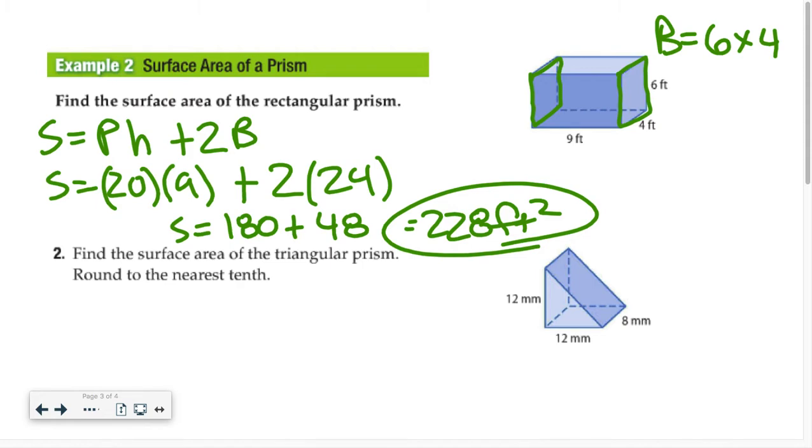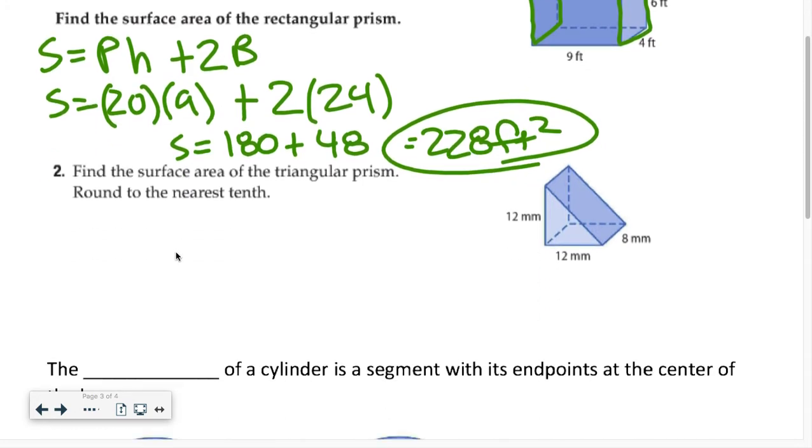All right, and so, find the surface area of the triangular prism. Round to the nearest tenth. So again, you're using the idea that surface area is perimeter of the base times height plus 2 times the area of the base. This is a triangular prism, so here the base is triangular. So the base is this triangle, this right triangle.